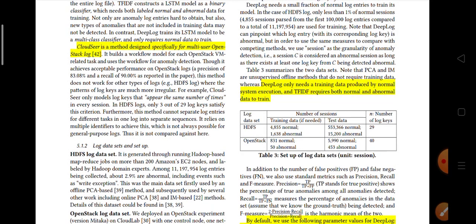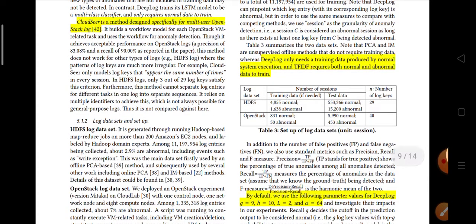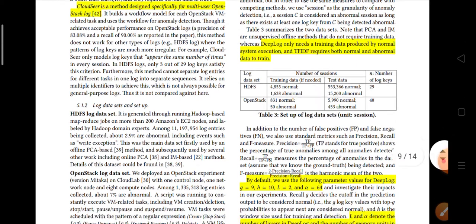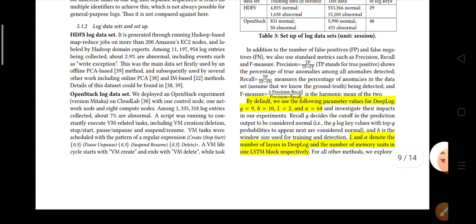They used this approach with the HDFS log dataset, that is a Hadoop-based MapReduce job dataset, and then the OpenStack log dataset. These two log datasets they used, with precision and recall. See what parameters they are using. G is 9, H is 10, L is 2, alpha is 64.